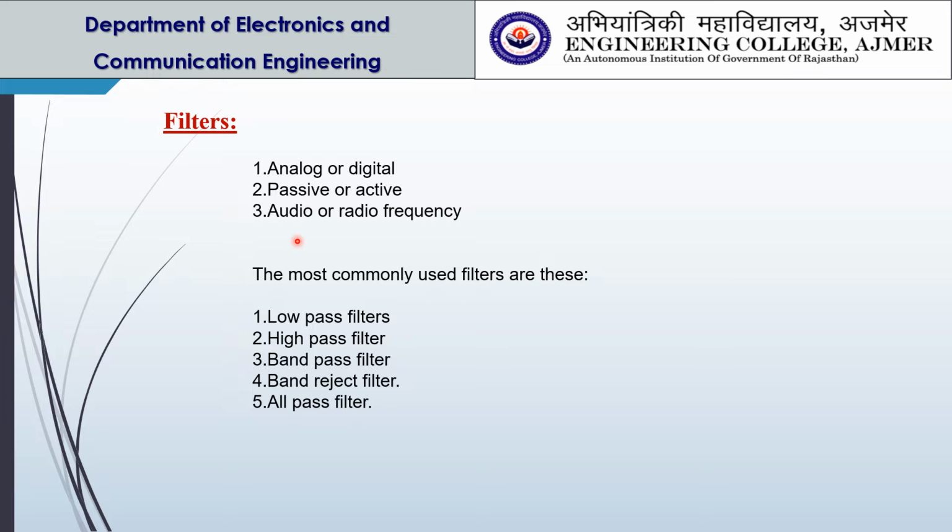Generally, RC filters are used for audio or low frequency operation, whereas LC filters are employed at RF or high frequencies. The most commonly used filters are as follows: low pass filters, high pass filters, band pass filters, band reject filters, and the last one is all pass filters.